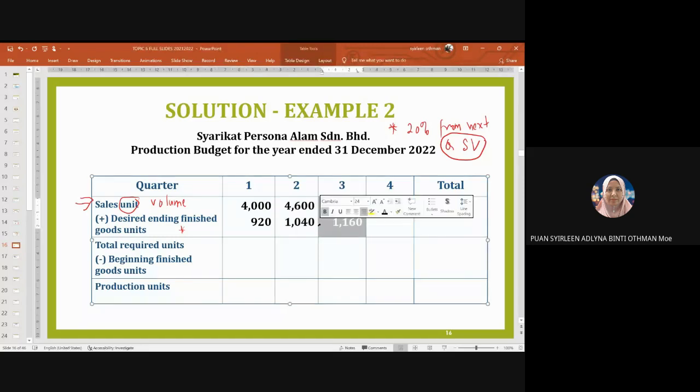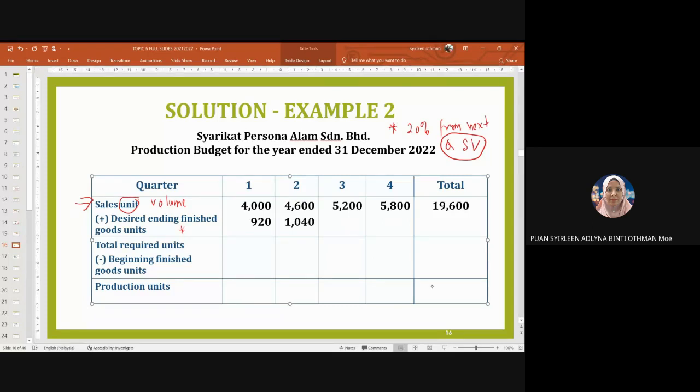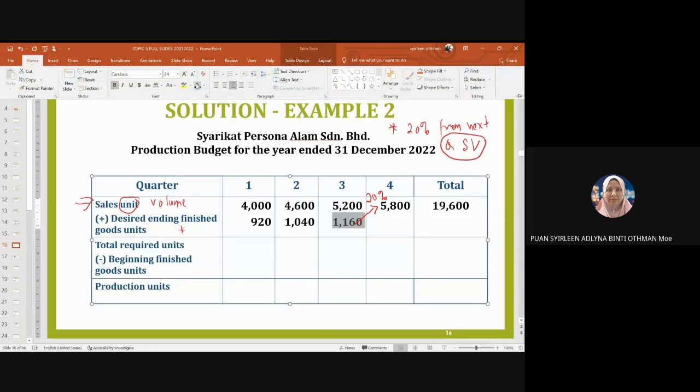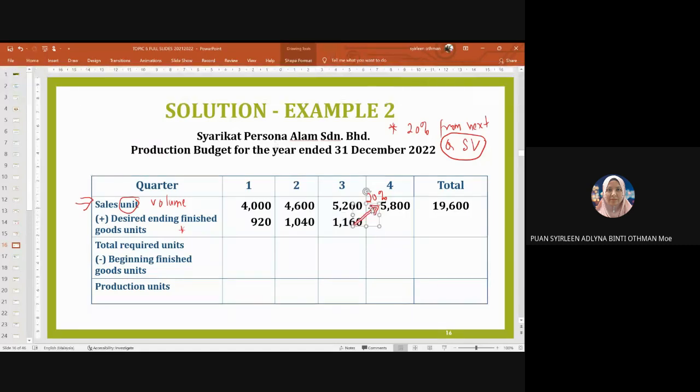Macam mana saya nak isi untuk quarter 3? Madam akan refer pada quarter 4, so dia ialah 20% daripada quarter 4. So the amount here will be 1,160. Itu ialah untuk quarter 3.